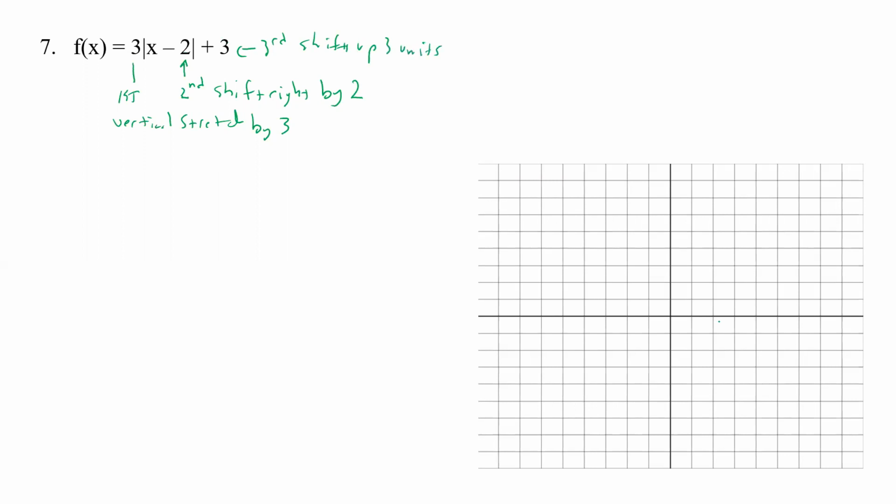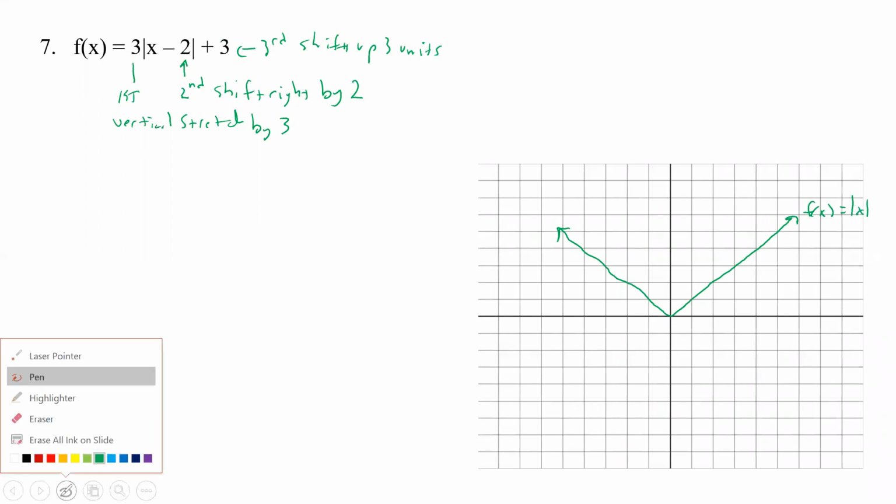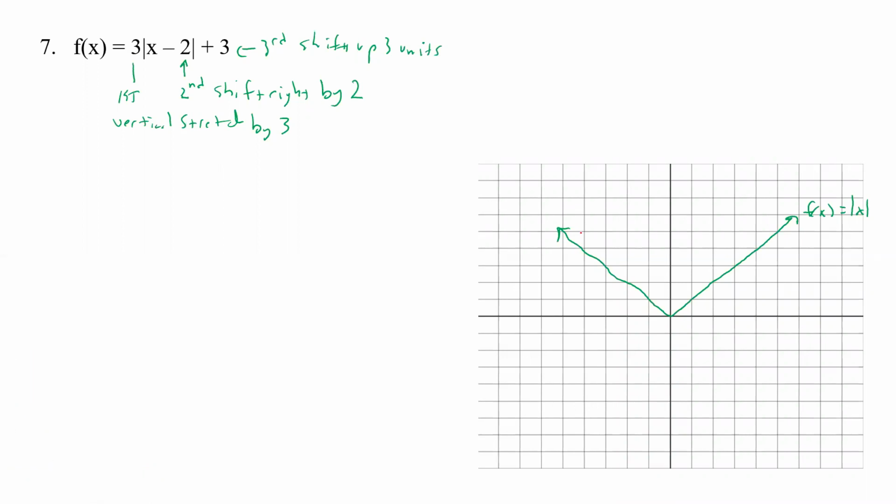Okay, so again, let's start with our base toolkit function. Okay, and then we're going to vertically stretch by 3. All right, so let's go to red. So 0, guess what? It doesn't change.